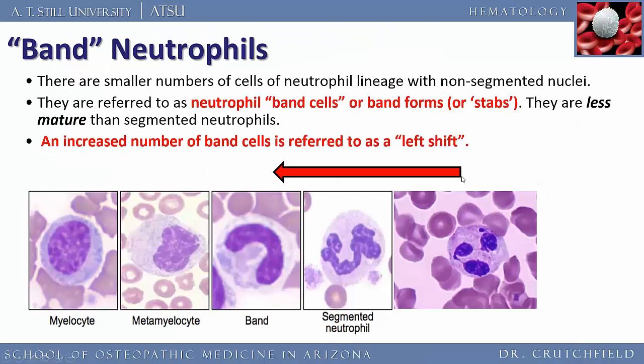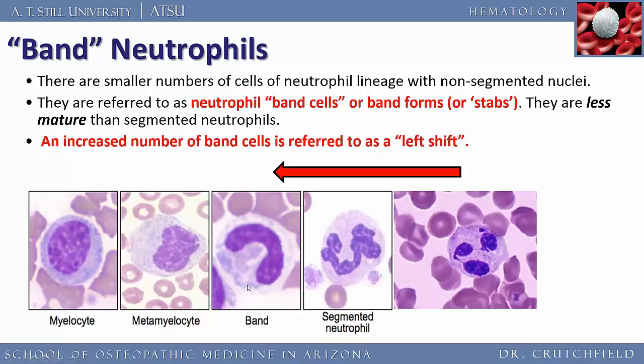We call this a left shift if we look at a peripheral smear and note that there are a lot of immature bands. I mentioned this earlier. If I'm looking at a peripheral smear and the lab tells me that there's a lot of neutrophils, and they break it down for me into segs and bands, they'll give me, for example, let's say 75% segs, 25% bands.